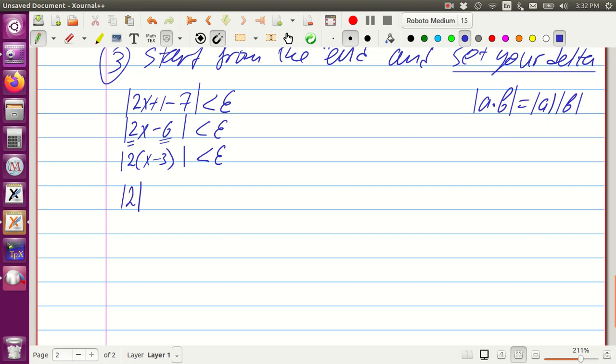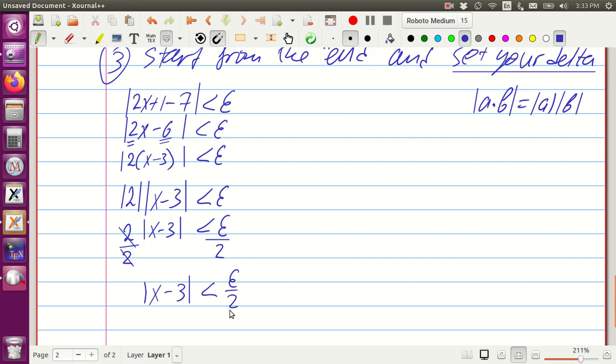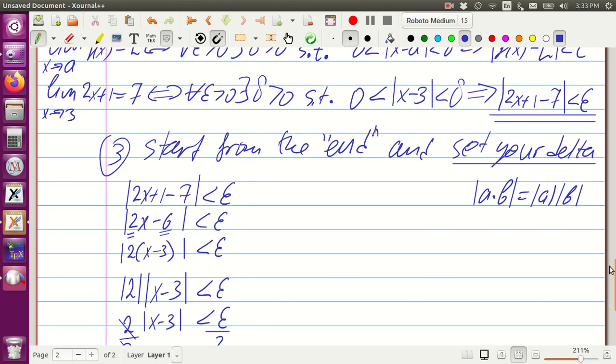So we have the absolute value of 2 times the absolute value of x minus 3 less than epsilon. But we can clearly see that the absolute value of 2 is number 2, so 2 times absolute value of x minus 3 is less than epsilon. Then we can divide both sides by 2, and we have absolute value of x minus 3 is less than epsilon over 2. But if I go back to what we want to show, this is exactly this part.